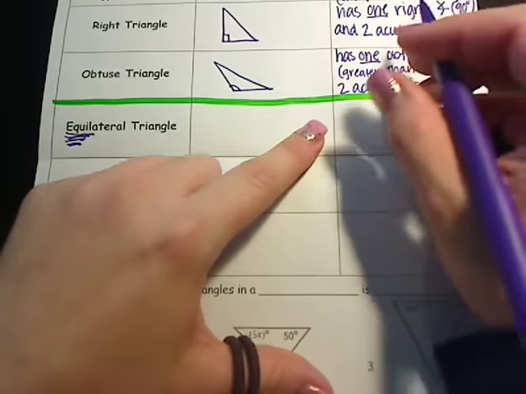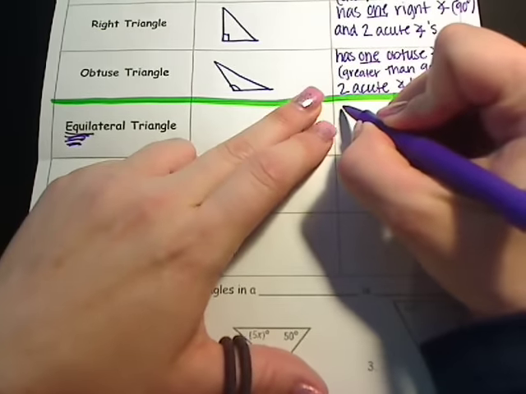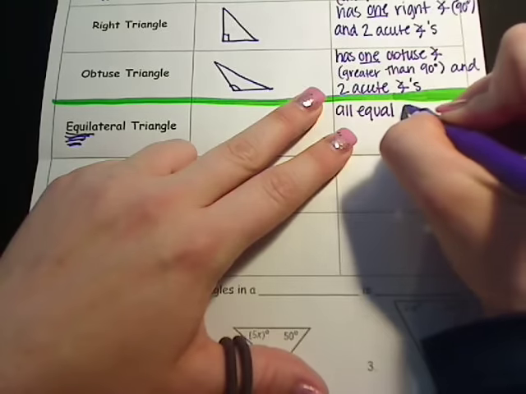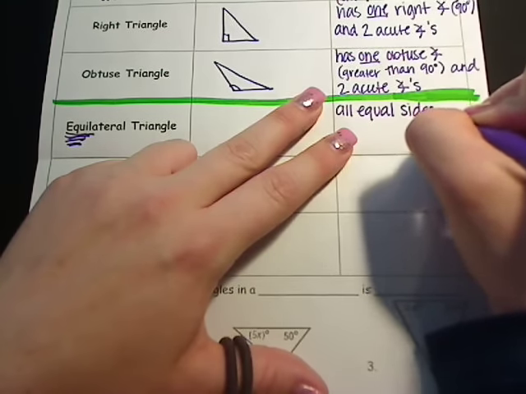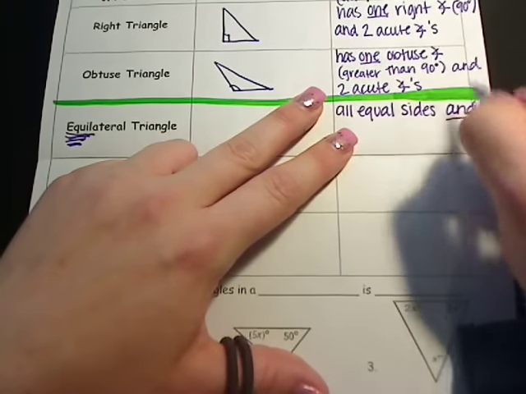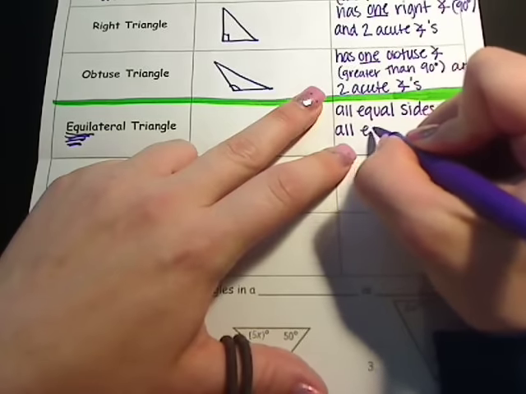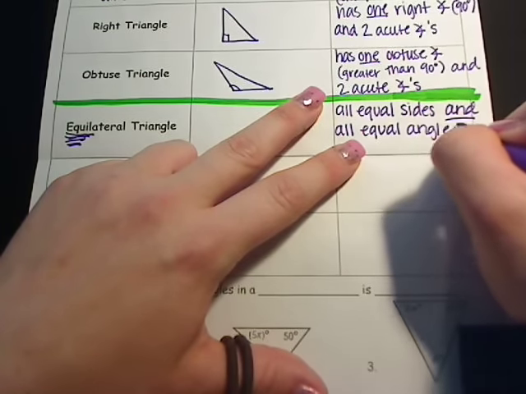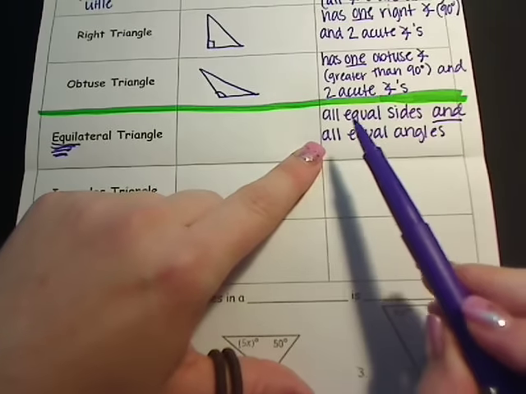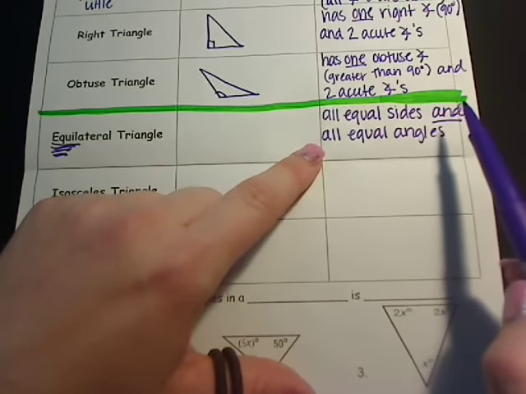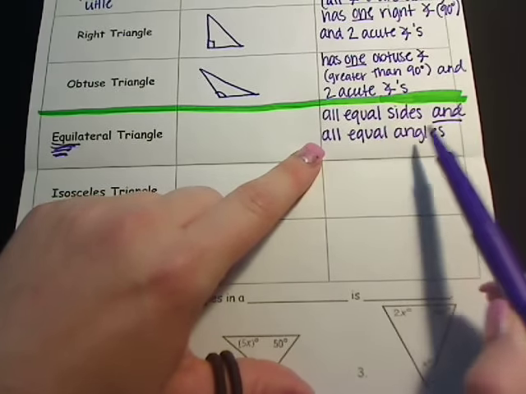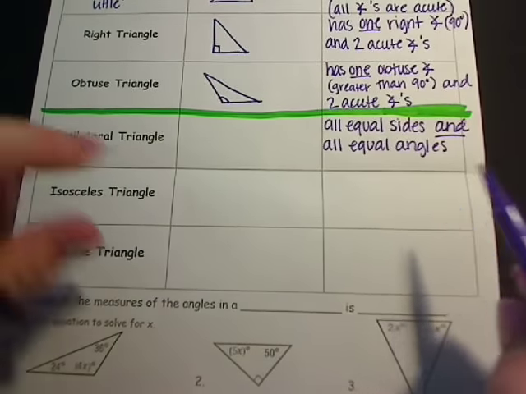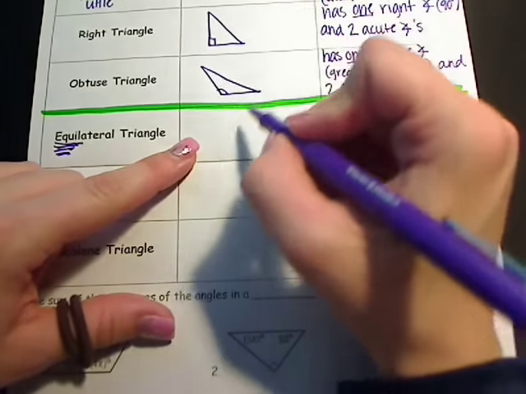So equilateral triangles have all equal sides and all equal angles. Every single side is the same length and every single angle is the same measure, or degrees.